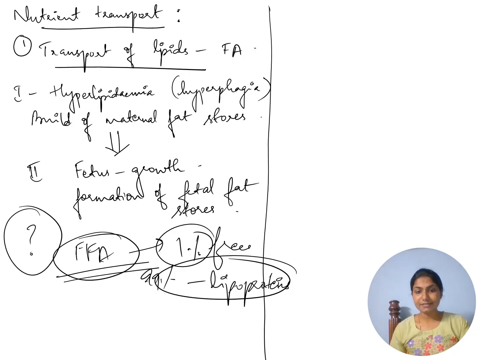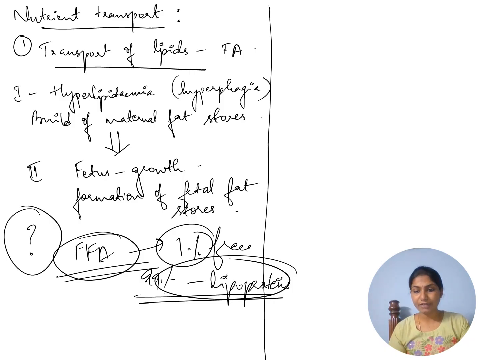So 99% are bound with lipoproteins. That is why at the level of the placenta, we have to break down these lipoproteins and carry the free fatty acids and supply them to the fetus. So essentially there are two processes, because only free fatty acids can cross the placenta.